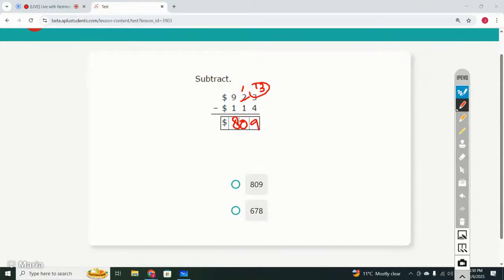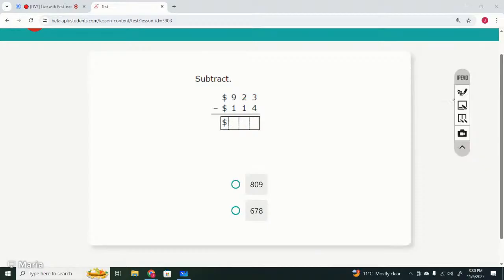That is $809. Option number 1 is the correct option.